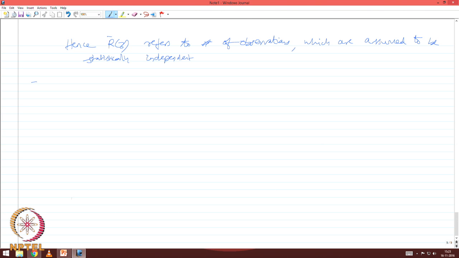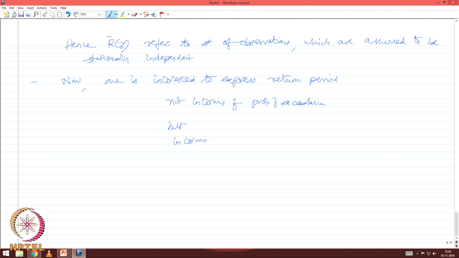Now, one is interested to express the return period not in terms of probability of exceedance, but in terms of time.